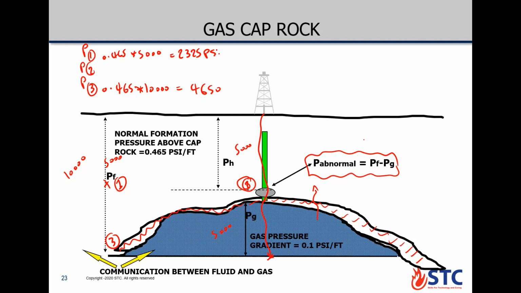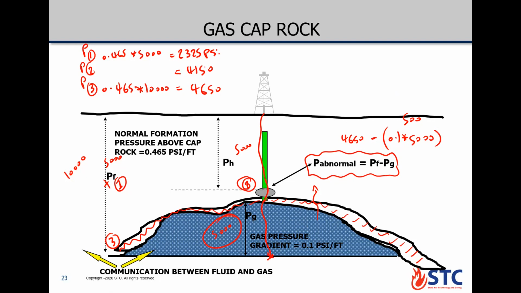So P abnormal pressure will be 4,650 minus the pressure of the gas. The gas pressure gradient is 0.1 psi per foot, times its TVD of 5,000, so 500. So now we have 4,650 minus 500, and the result will be about 4,150.